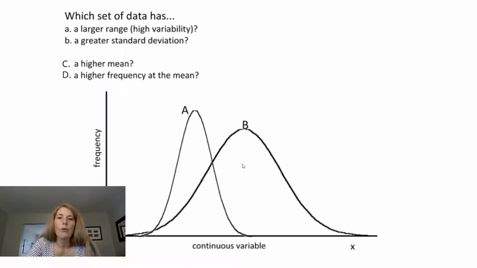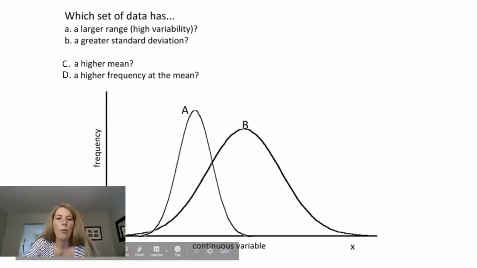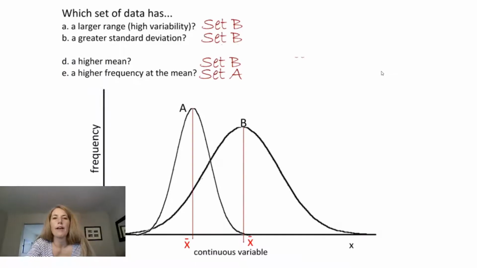The mean is not the height of the curve, but where on the x-axis this falls. If you think of these as being numbers, this is 2, 4, 6, 8, 10, 12. I would say this one's average is 12, and this one's average is only 6. So B has the higher average. But the higher frequency would be over here, so A would have that.